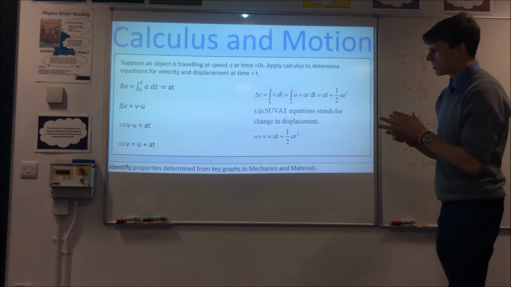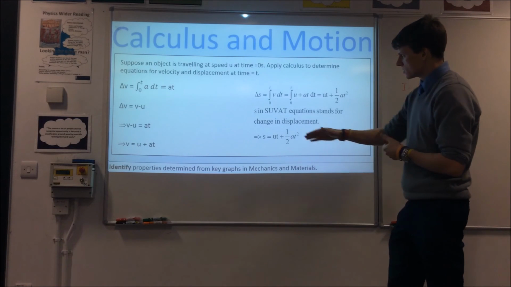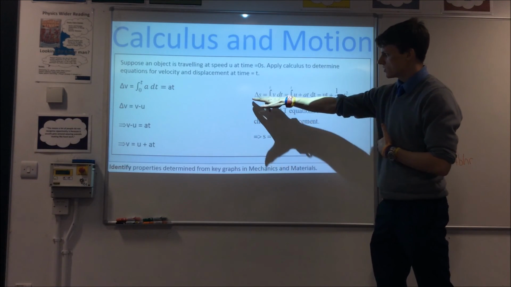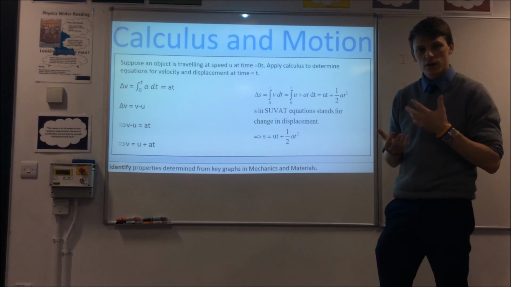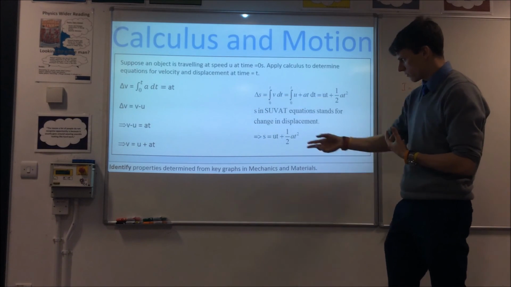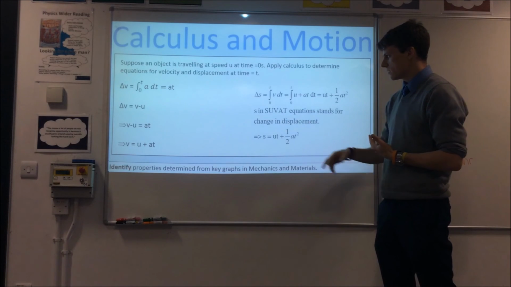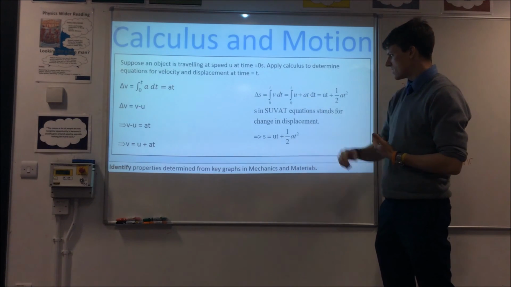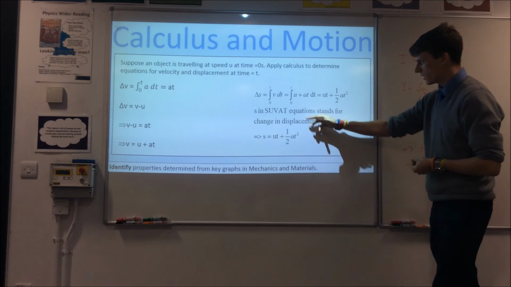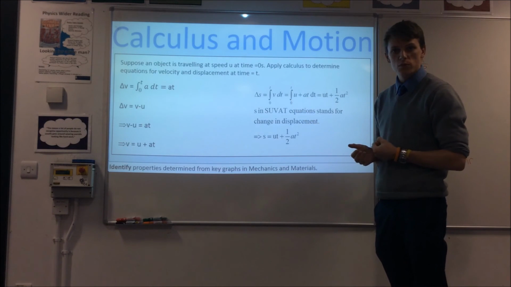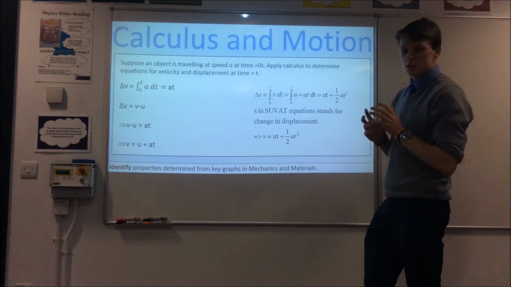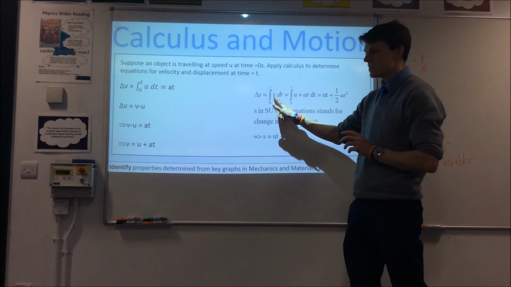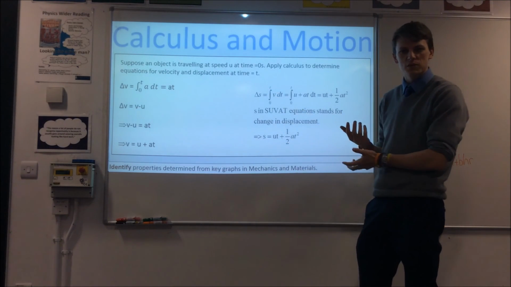We can do the same with one of the other equations here. So we know that the change in the displacement is the area under a velocity time graph. So if we integrate the velocity with respect to t, between 0 and t, what we can do is replace that v with u plus at. The reason we do that is because we know v changes with time, so we want to replace it with stuff that doesn't.